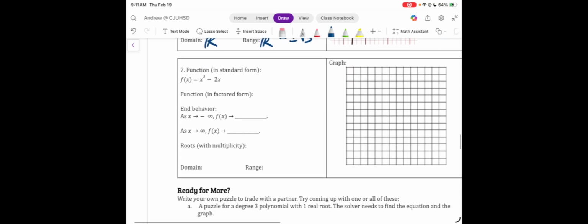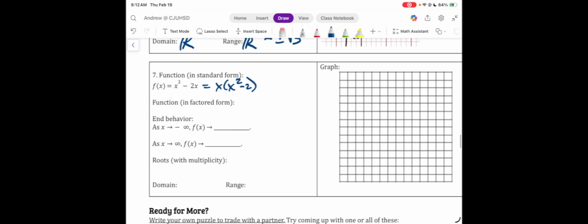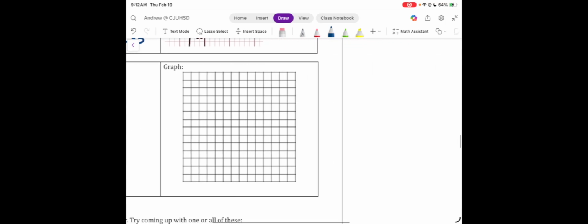Number 7. Okay, let's see. They've given us the function. Can we factor it? Well, we could take out an x, and that would be x squared minus 2. And then, can you factor x squared minus 2? Well, if you used solving techniques, you might set x squared minus 2 equal to 0.